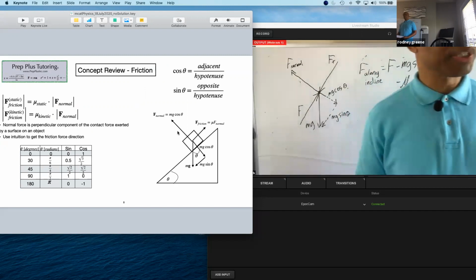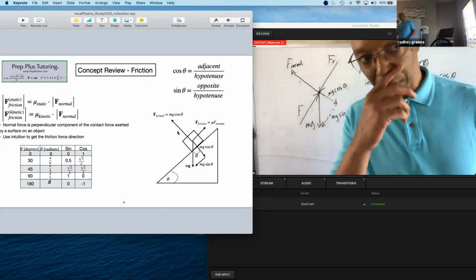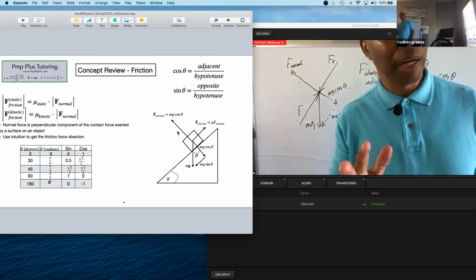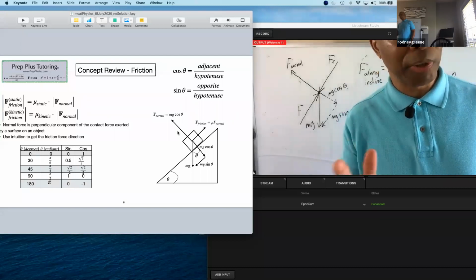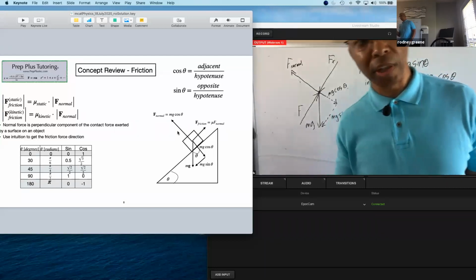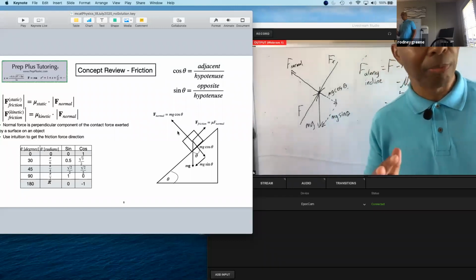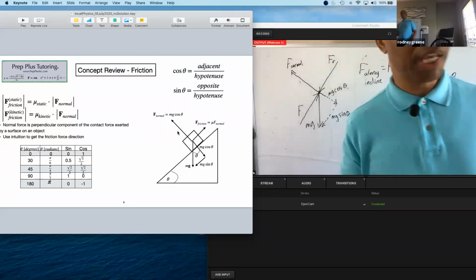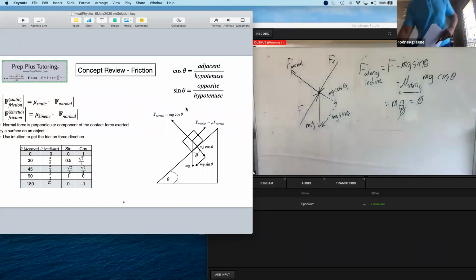I don't really have time to go over it today, but since there's a lot of interest in this, in next month's free session, I'll go ahead and go into this some more. But it's really an application of the definitions of these trigonometric functions, cosine theta and sine theta. So I will go over that in more detail next month when we meet.